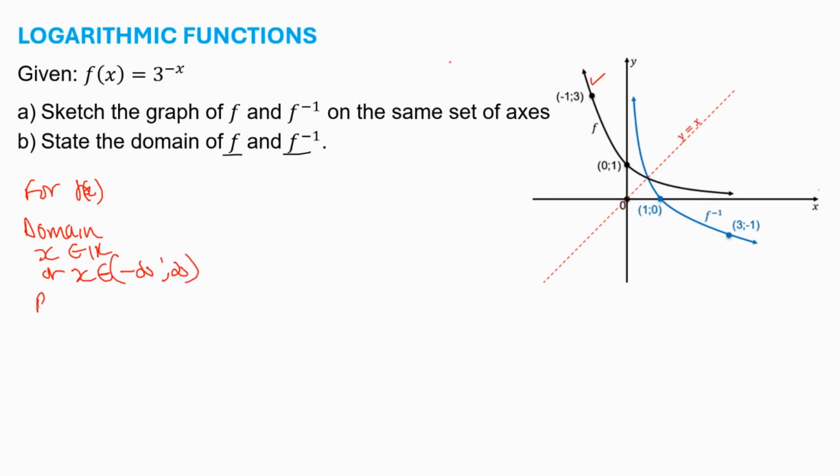And then the range for f of x, the graph is above 0, so y is greater than 0. Or you can say y is an element of 0 not included to infinity, because the graph is above y is equal to 0.